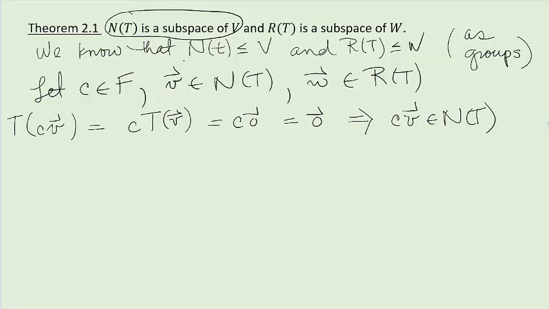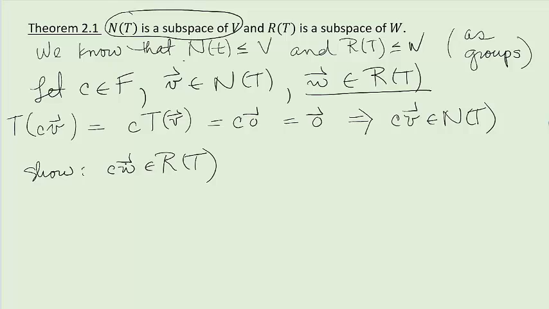We know that the range is a subgroup. All we need to do is show, here I'm going to write down what we have to show, that we know W is in the range, and we have to show that CW is in the range.